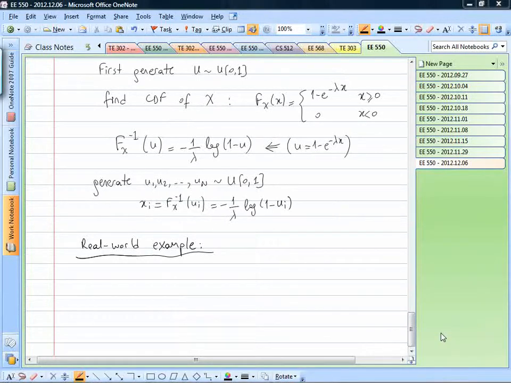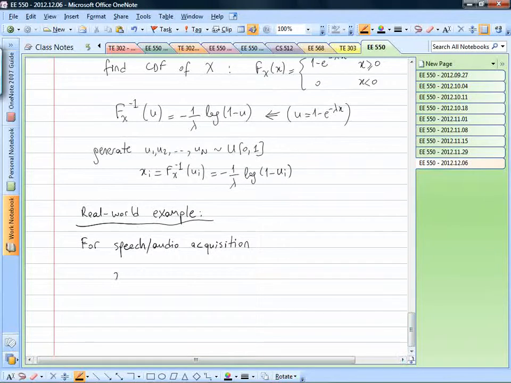Okay, for speech and audio acquisition, what you need is an A to D converter. You want to acquire speech or audio in a computer. So you get your x of t, and then you need an A to D converter, and then you will get an x of n.